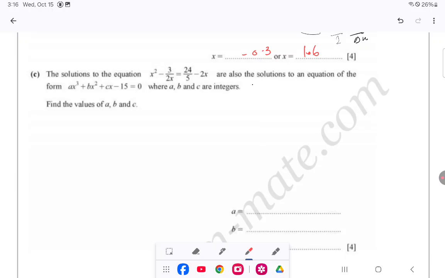First, by multiplying the whole equation by 5 on both sides, it will become 5x square minus 3 into 5 is 15, is equal to 5 upon 5 will cancel out each other, 5 into 2 is 10x negative plus 24. Now multiply both sides by 2x square.